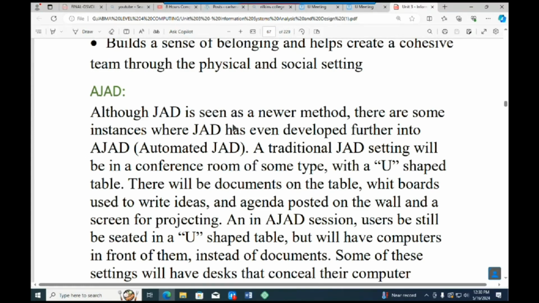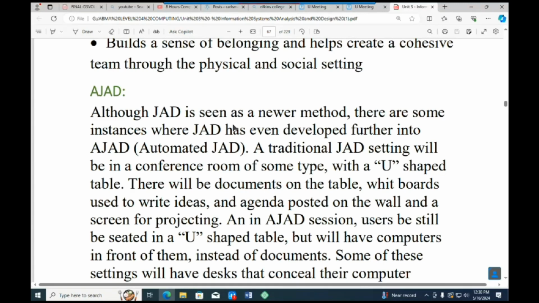So as much as we see the JAD as a newer method, we have some instances where the JAD was actually developed further into an automated JAD.